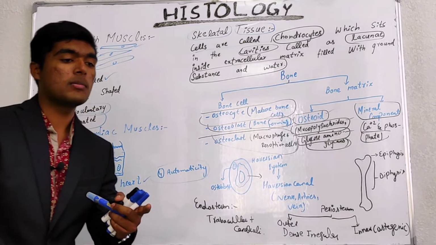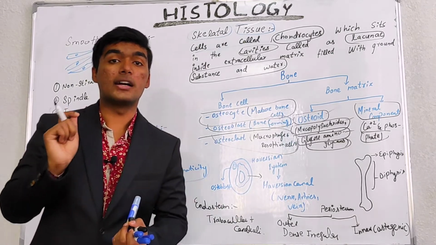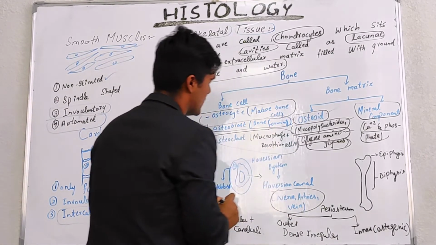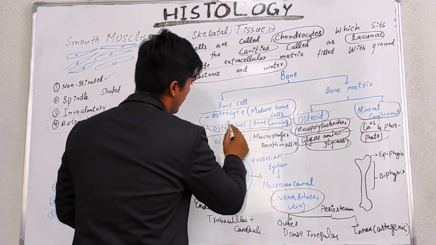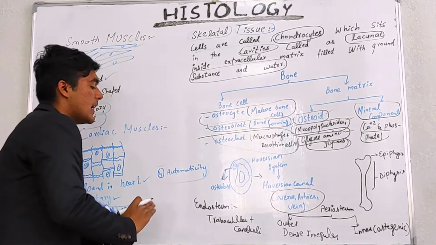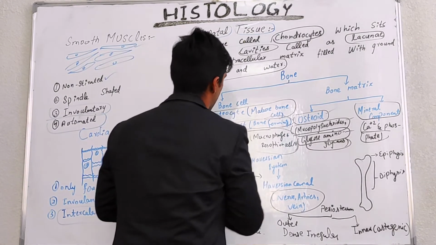The Haversian system opens into the Haversian canal, which contains arteries, veins, capillaries and nerves. The bone forming cell resides here sometimes, and after that it matures and shifts into the osteocyte.